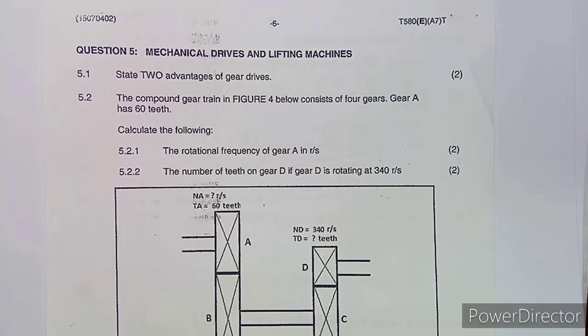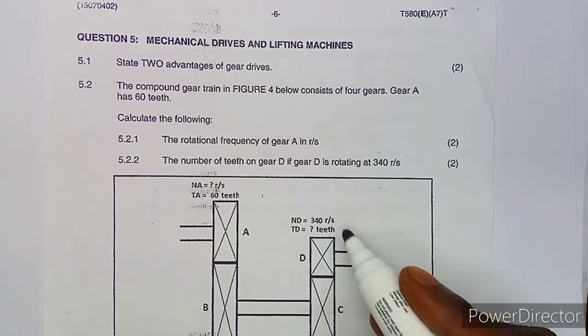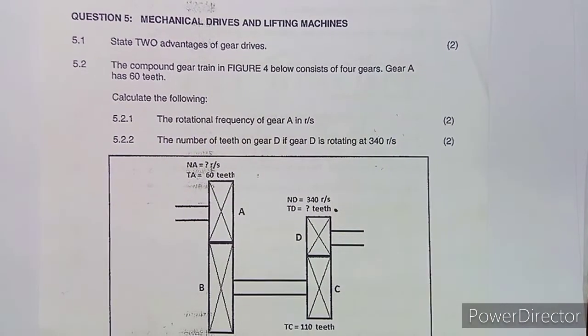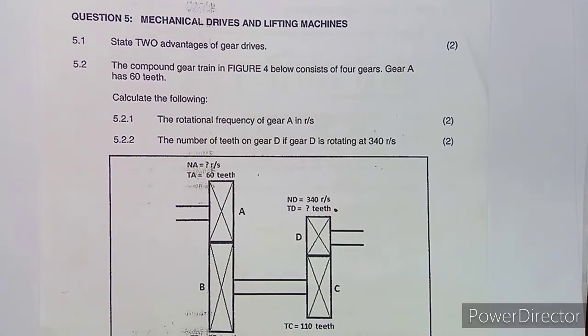Okay, the number of teeth on gear D, if gear D is rotating at 340 revs, as you can see, gear D is rotating at 340, but we need the number of teeth. Okay, so what are you going to use here?